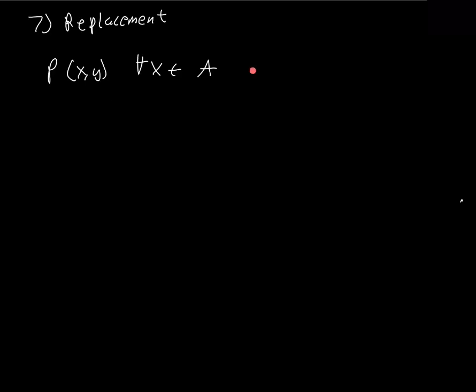So I'll say for each x in A, there's at most one y such that P(x, y) is true, right?